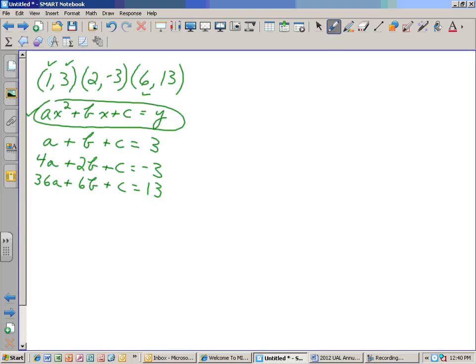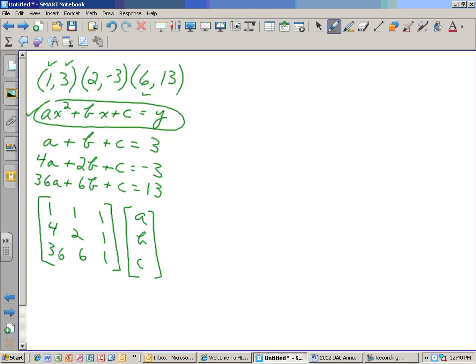And how would you find a, b, and c? Matrix. Very good. Okay, we've used matrices. So we would write our coefficient matrix 1, 1, 1, 4, 2, 1, 36, 6, and 1, times a, b, and c, and that equals my constants, which are 3, negative 3, and 13.